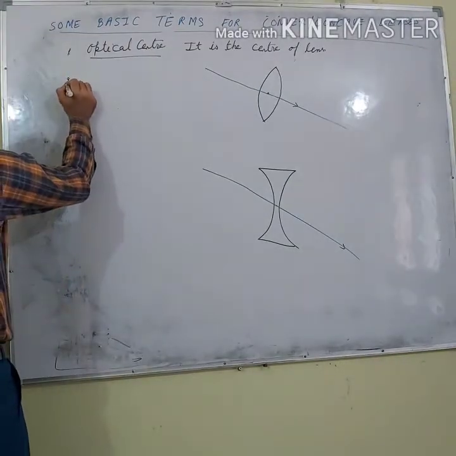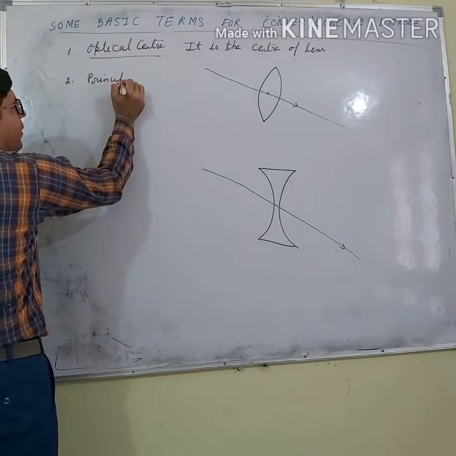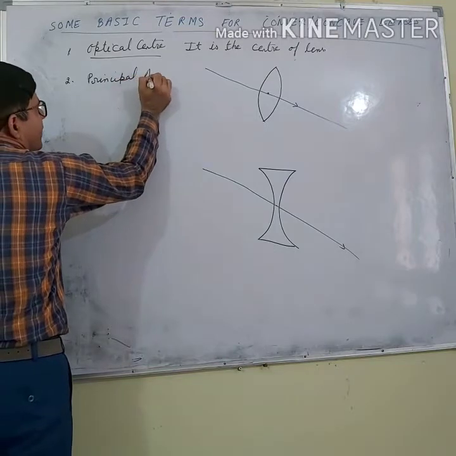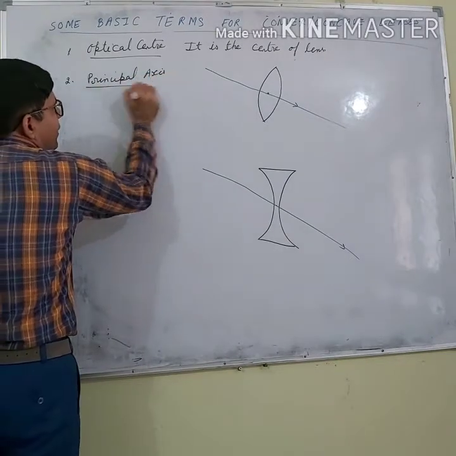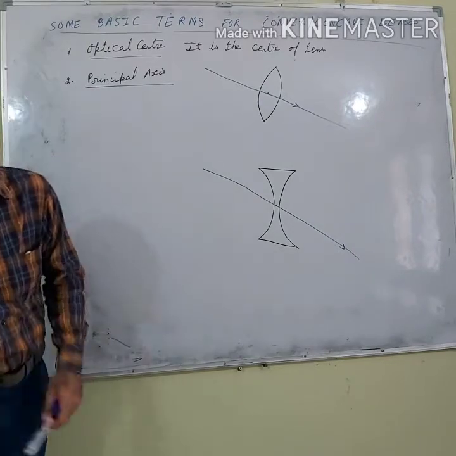The second point is the principal axis. What is the principal axis? Let me explain first.